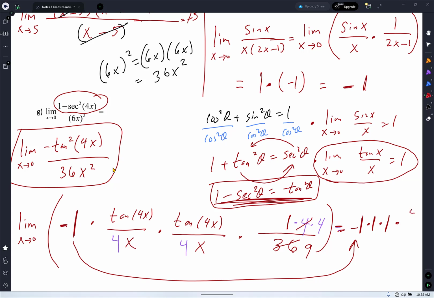So I have 4 over 9 because one of the 4's got eaten up. Or you can go 16 over 36 and then reduce that. Are we okay, guys? So what's negative 1 times 1 times 1 times 4/9? Negative 4/9. There it is. That's my limit. That's as hard as it gets. It does not get harder than that.